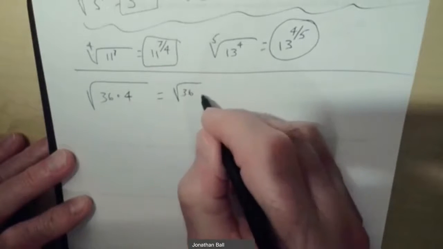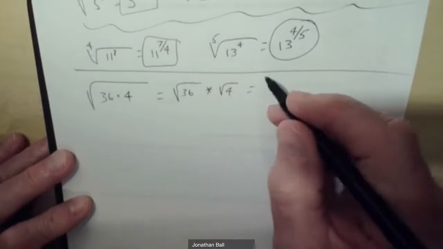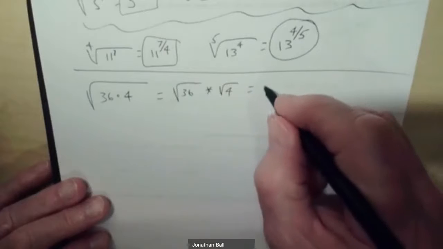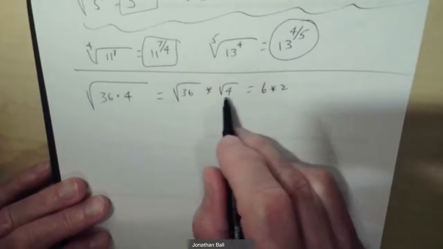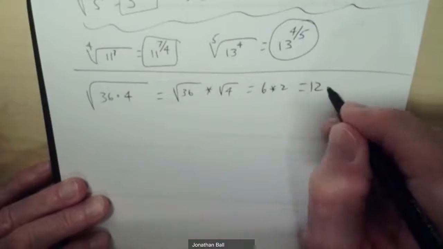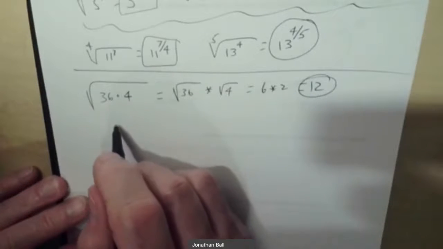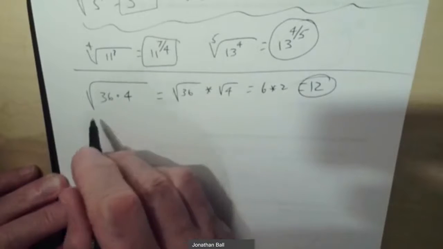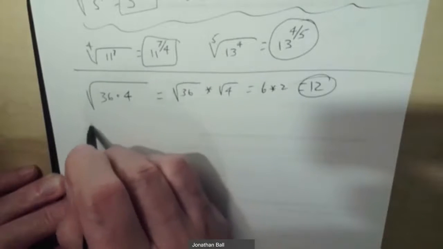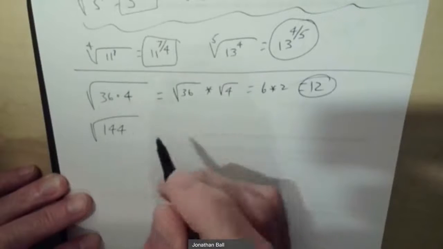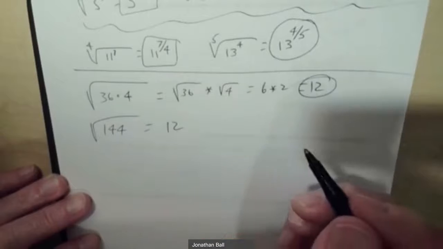Square root of 36 times the square root of 4, which is 6 times 2. Square root of 36 is 6, square root of 4 is 2, so that is equal to 12. Or you can multiply this. 36 times 4 is 144, and the square root of 144 is, again, plus or minus 12.